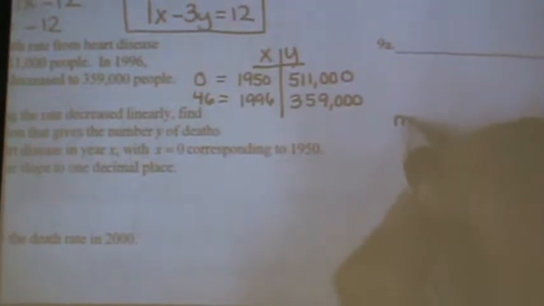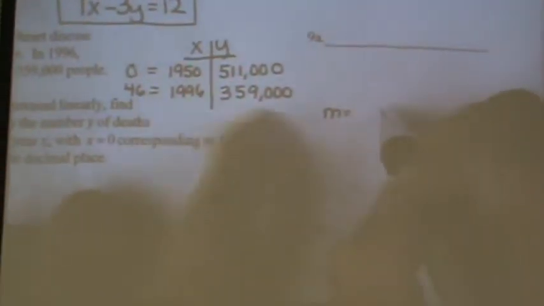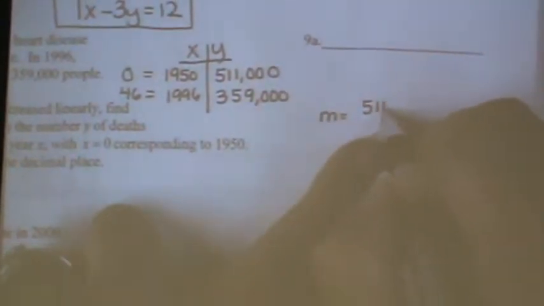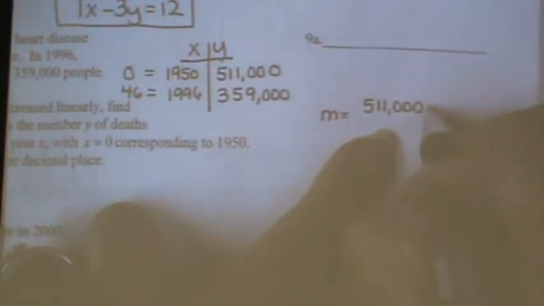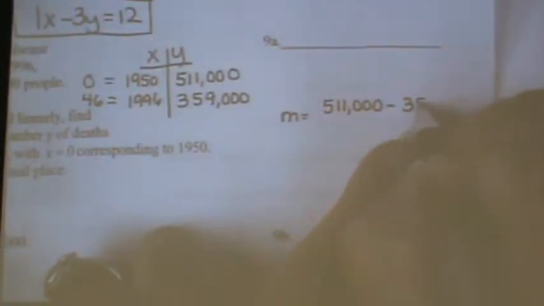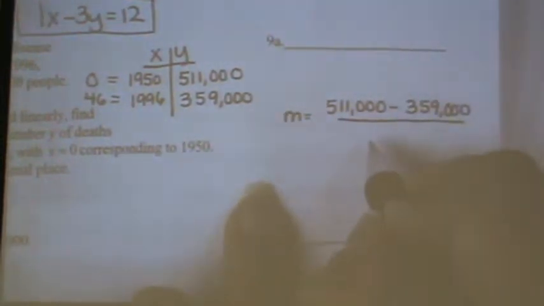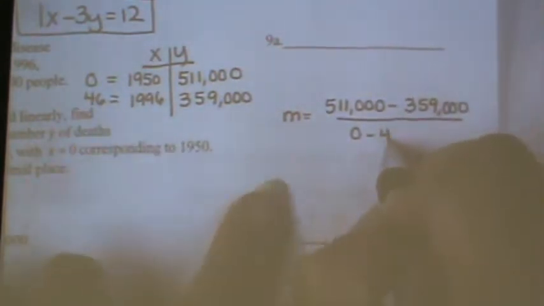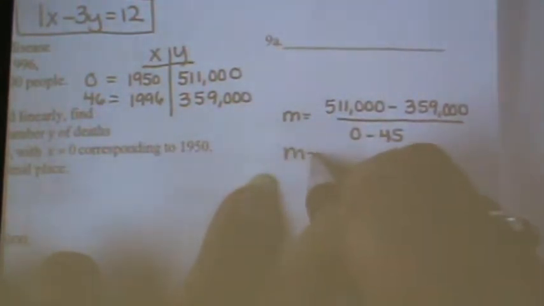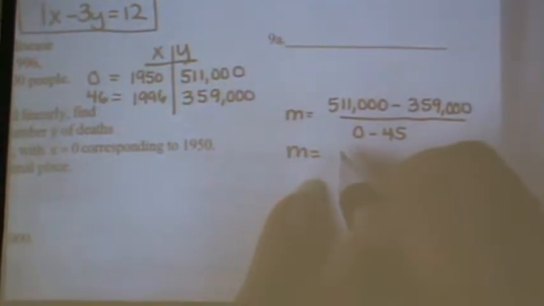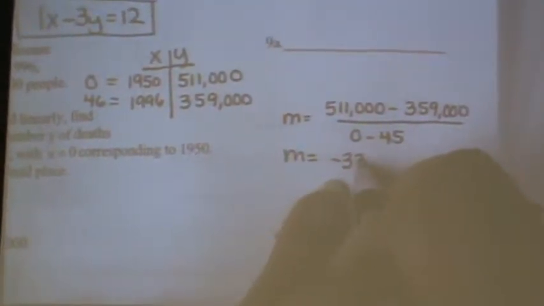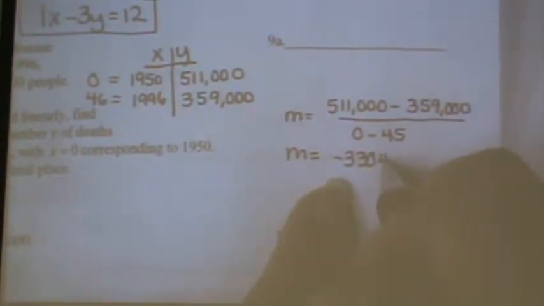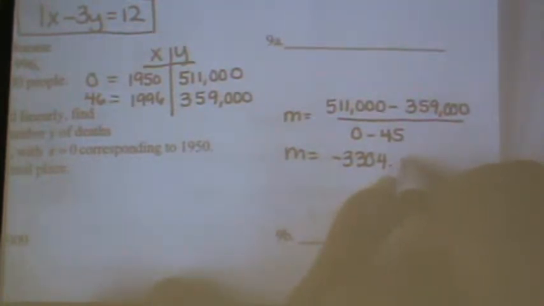So the slope is the difference of the y's, so 511,000 minus 359,000 over, now if we subtracted this minus this, we have to do 0 minus 46. You get an ugly decimal, it's negative 3,304, and then it says round to the nearest tenth, so 0.3.